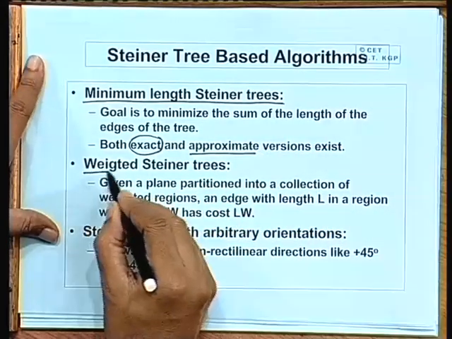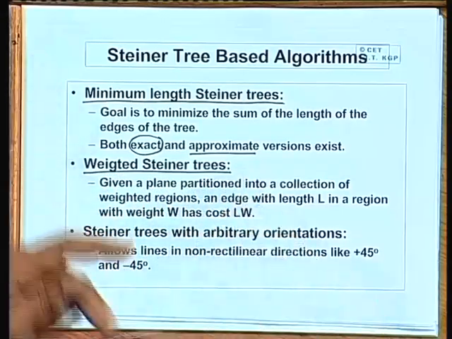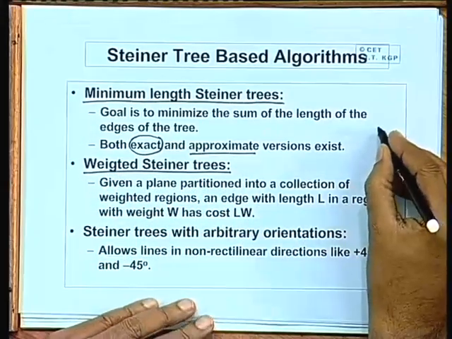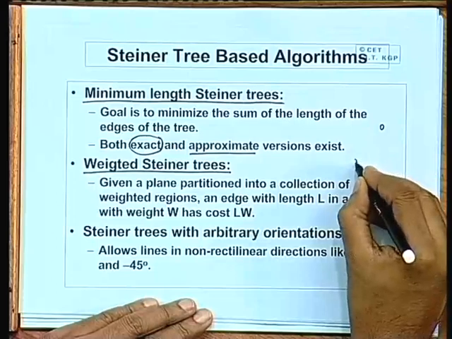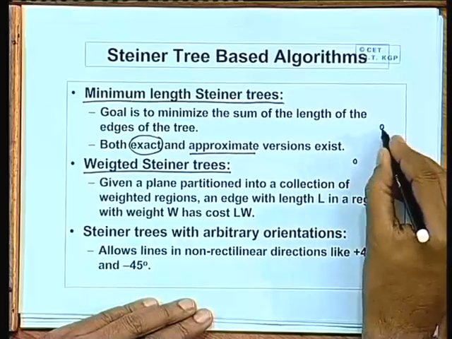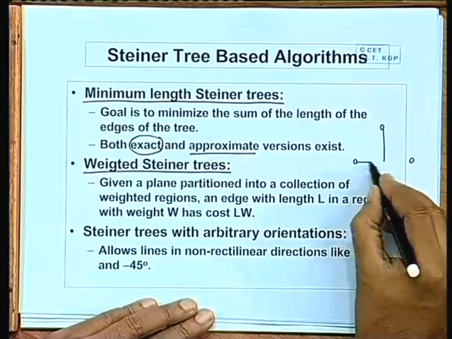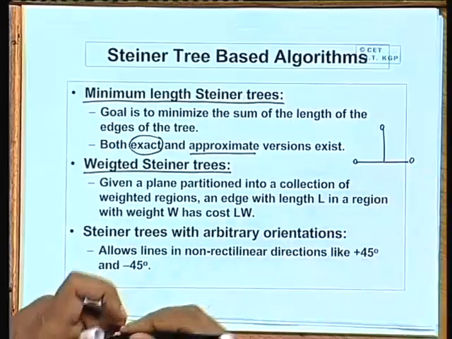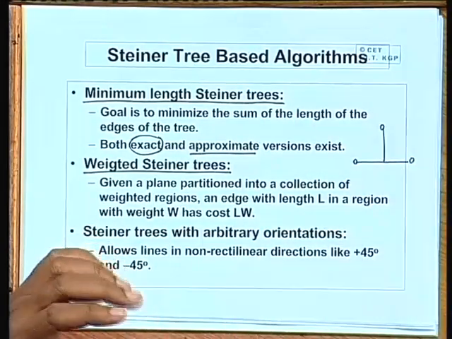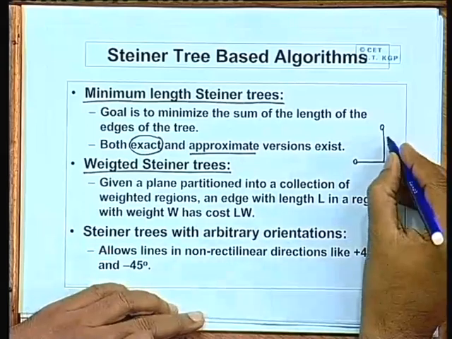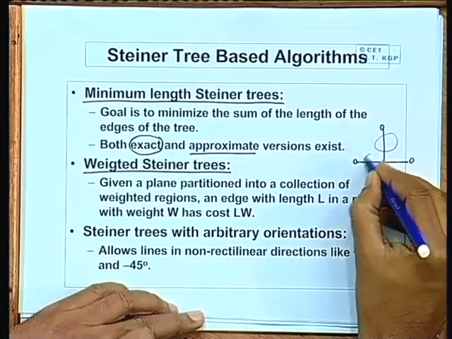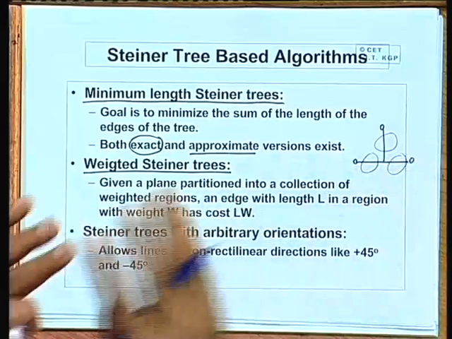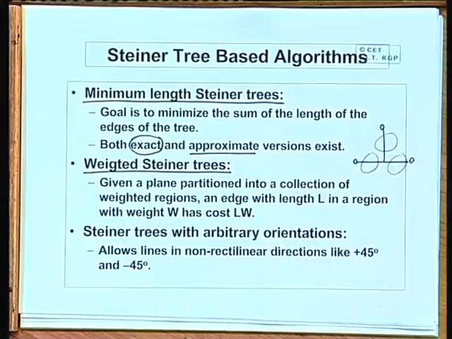Well, the Steiner tree may have some weights. When you have a number of terminals to be connected, suppose this is the best Steiner tree. But with respect to the layout area, these segments may have to pass through different routing regions with respect to the floor plan.